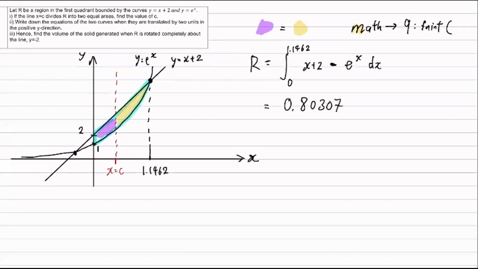Then what do we want? We want to find the value of C. We know that purple is equal to yellow. Then how? Divide by 2 first. Okay, so half of R equals half times 0.80307. So how to continue?